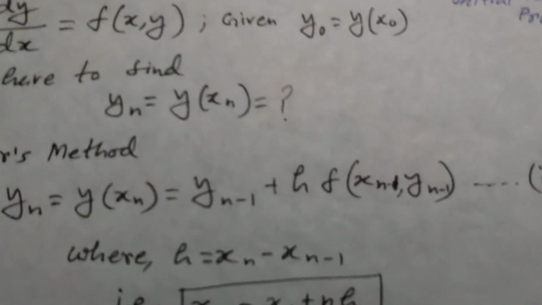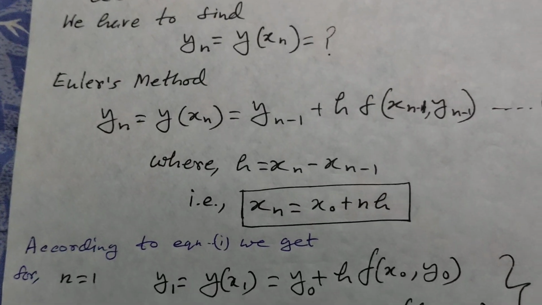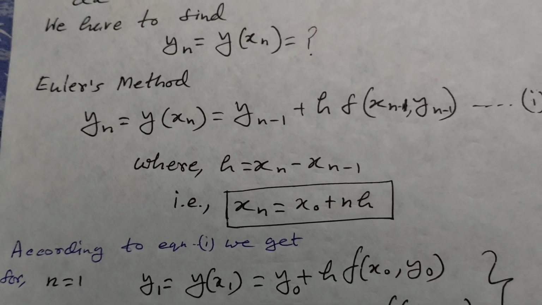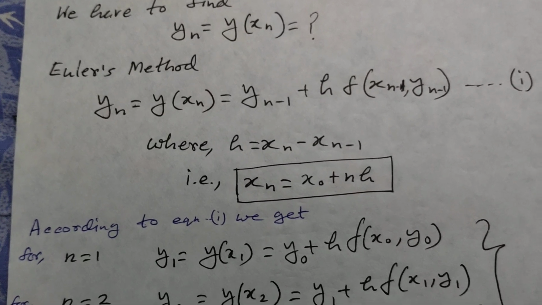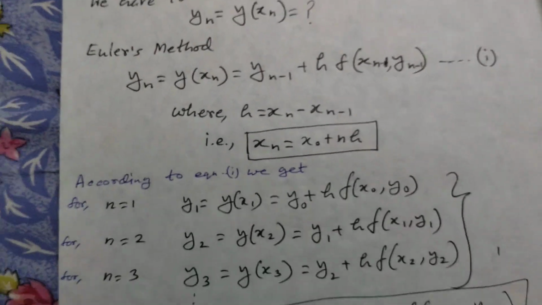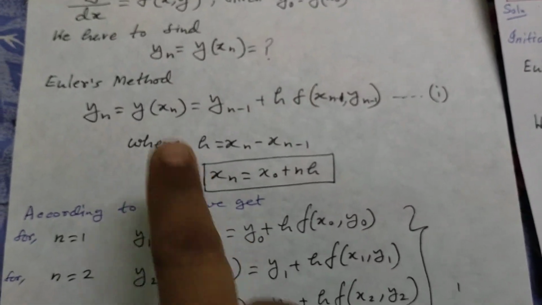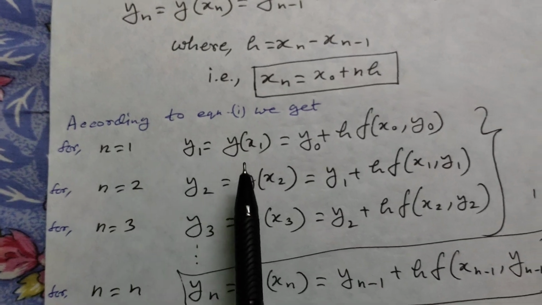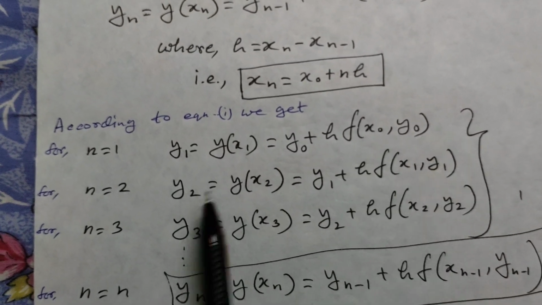In my previous video I have shown you the value of xn and how we get xn = x0 + nh, right? Now here, according to equation 1, that is Euler's equation, for n = 1, y1 = y0 + h f(x0, y0).